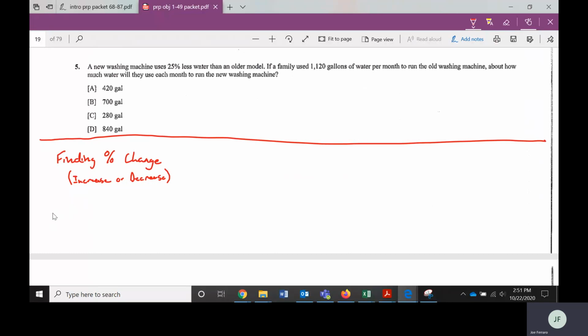Okay, so what we're going to do, in general, what you need to find is there'll usually be 2 amounts, and you need to find what the change of amount is. And we'll do examples of this. Change in amount over original amount.